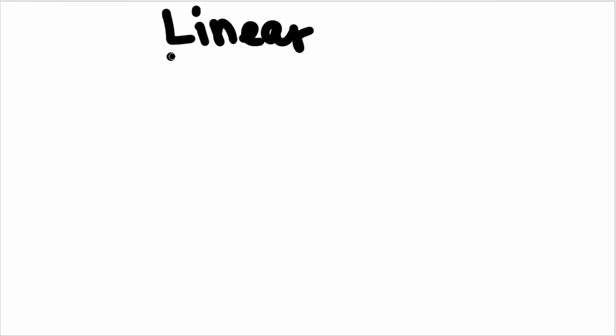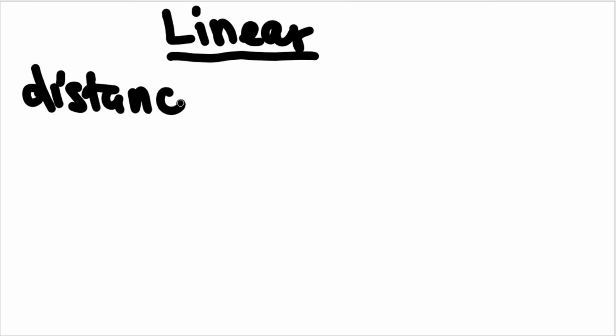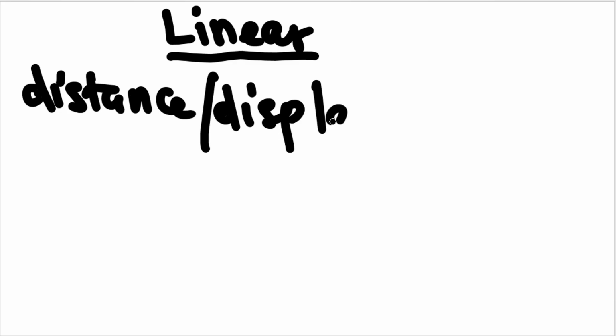The equations of motion. For those equations, we need to know that we're talking about things like distance or displacement. These are the things that will be of focus when it comes to linear motion.